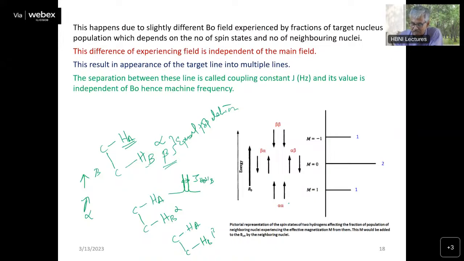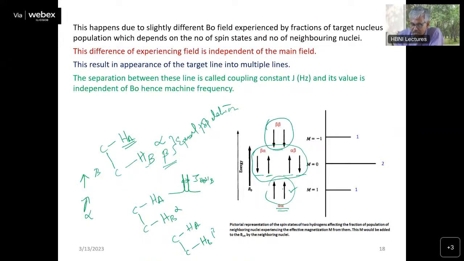Similarly, this is a case you can see clearly when you have 2 identical nuclei with spin half. Okay, so one can see that they can have both alpha alpha. One can be beta, another can be alpha. This is alpha, this is beta, and both can be beta. And if you see their population distribution, this is one combination, but there are 2 possible combinations of the other.